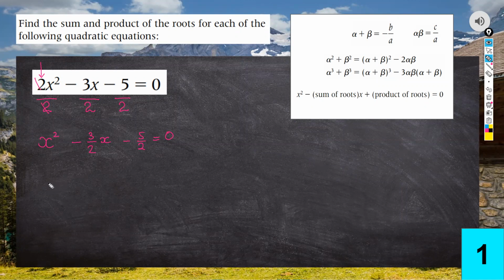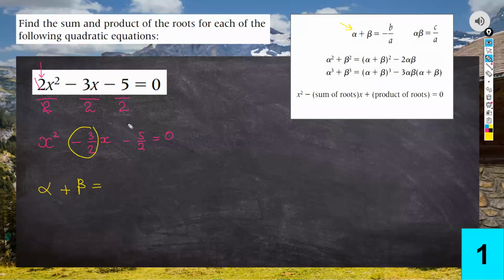Now the sum of the roots is alpha plus beta. That's this formula here. Now, in the videos, I stressed on this. Alpha plus beta, we just need to look at x and ask who is touching x. Now, signs are super important. But the alpha plus beta is always the opposite of who is touching x.